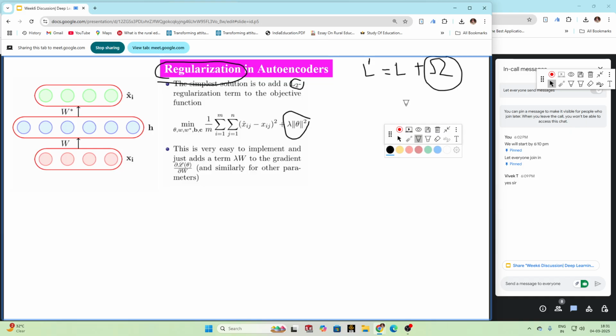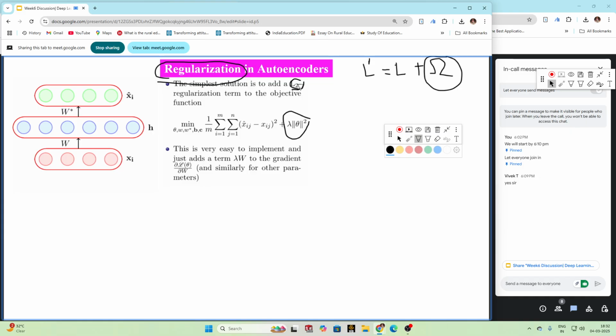So our model will not over-generalize. That is the advantage of regularization. We do nothing but add a term to our loss function. We just increase our loss. That is how we do the regularization.